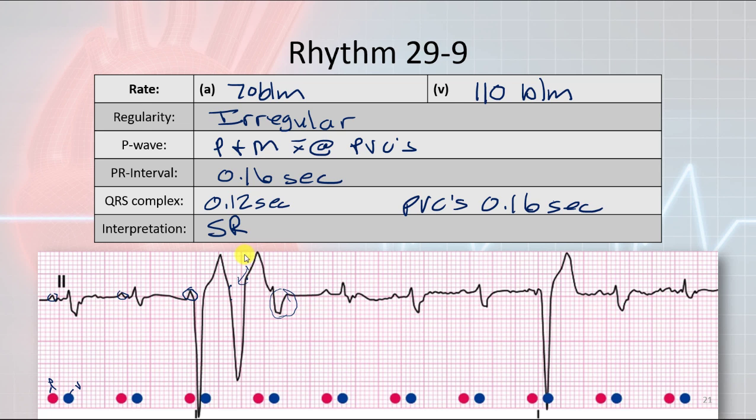Unfortunately, this particular rhythm is not as simple as PVCs because we have a couple different things going on here. So this rhythm is a sinus rhythm with, I would probably call this a unifocal couplet because they're both traveling in the same direction and they both have the same T-wave morphology. There might be somebody else who might call that multifocal.